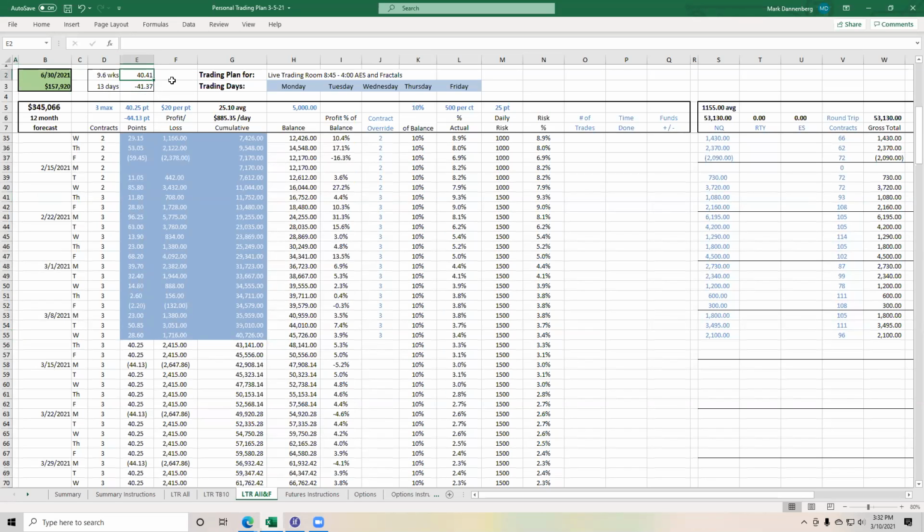Our average winning day is 40.41. Our average losing day is 41.37. So it's the same process. I'm going to adjust my forecast to 40.41, and I'm going to adjust my losing day forecast to minus 41.37. This is the process you go through every day.